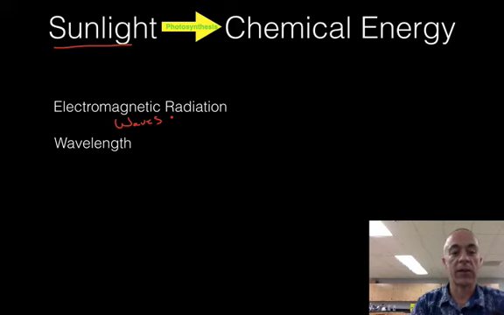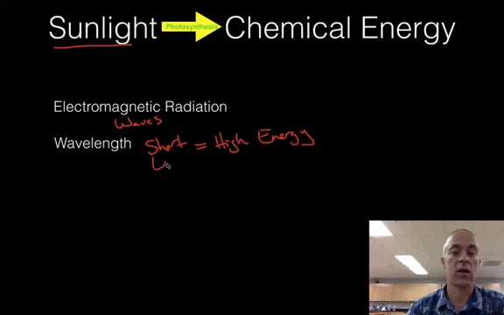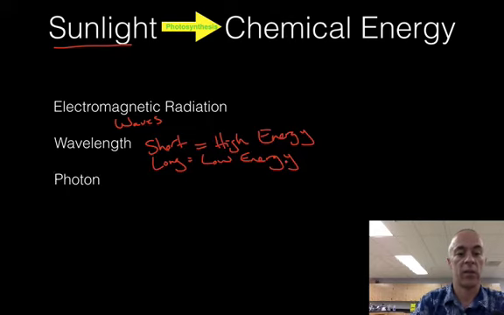The thing about electromagnetic radiation is that the wavelength is inversely proportional to the energy. So what that means is a short wavelength equals high energy, whereas a long wavelength equals low energy. And I'll show you some examples of that in just a moment.